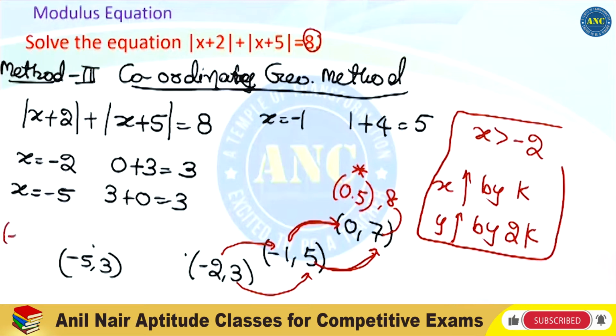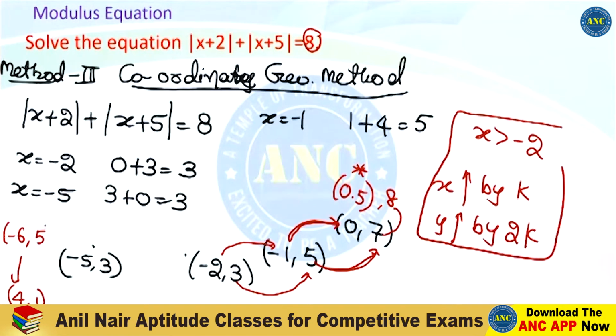If x equivalent to minus 6, minus 6 plus 2 is mod of minus 4, which is 4. Minus 6 plus 5 is 1. So 4 plus 1 is nothing but 5. Now see here, x decreases by 1, y increases by 2.